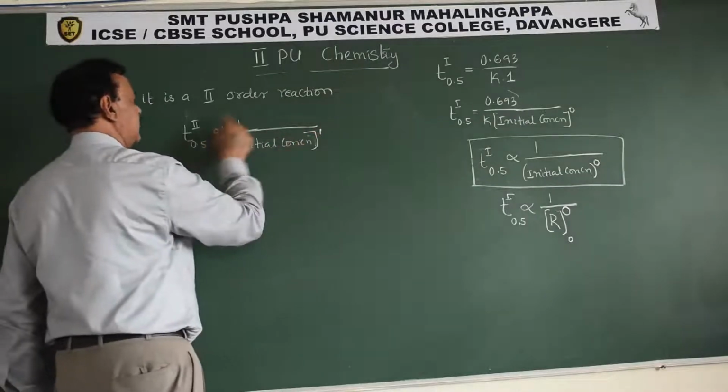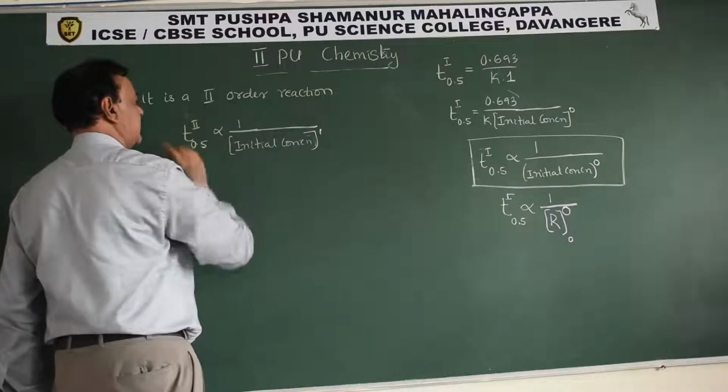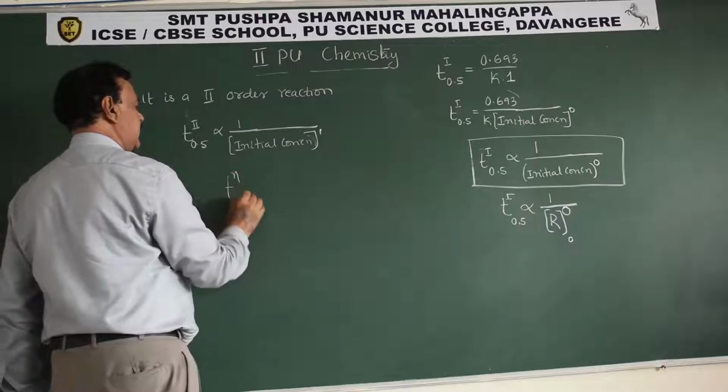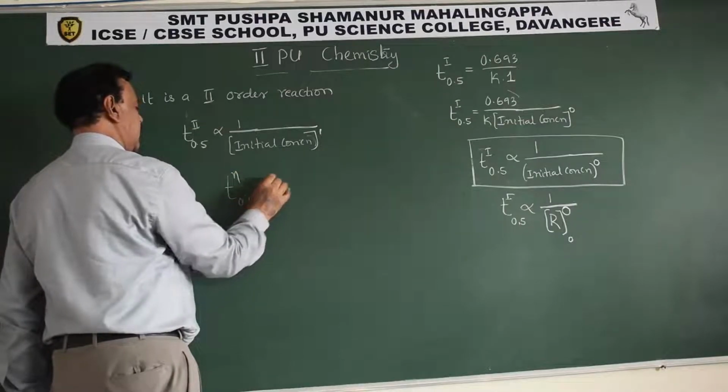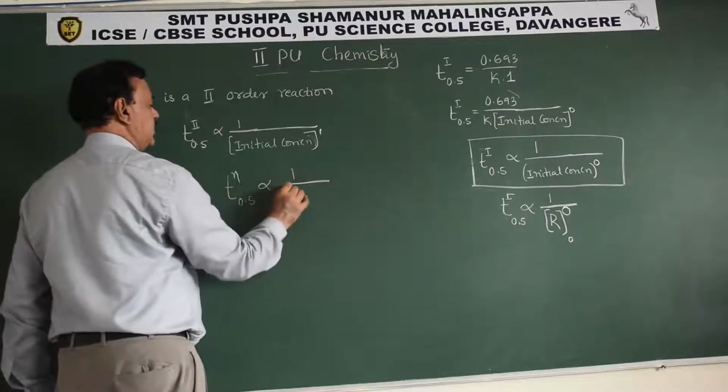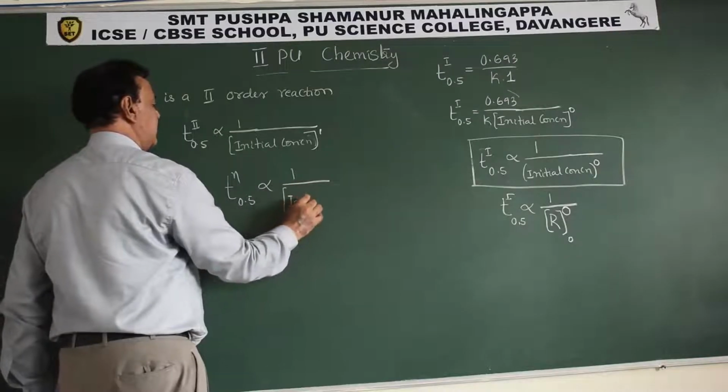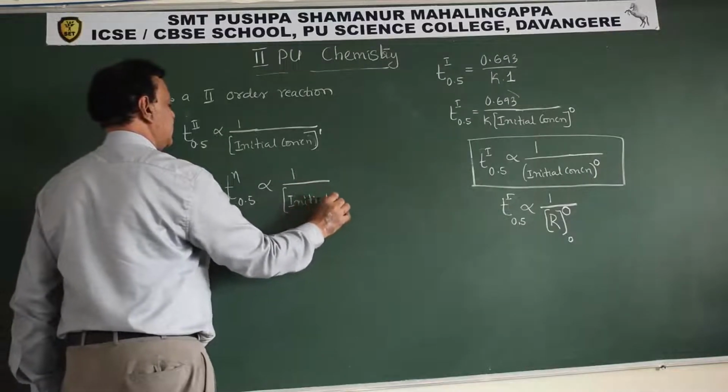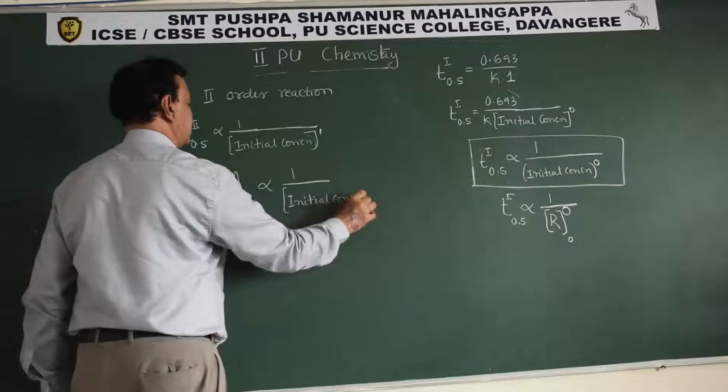If it is order 1, it is power 0; if order 2, it is power 1. If it is an nth order reaction, then it is inversely proportional to the n minus 1th power of the initial concentration of the reactant.